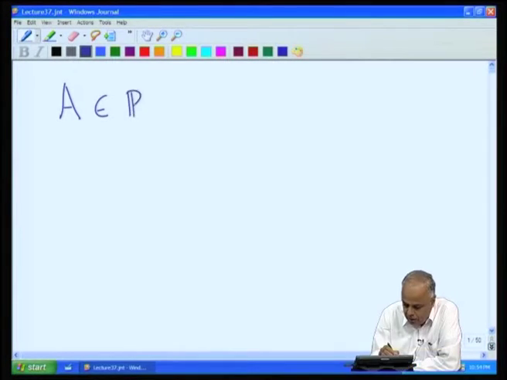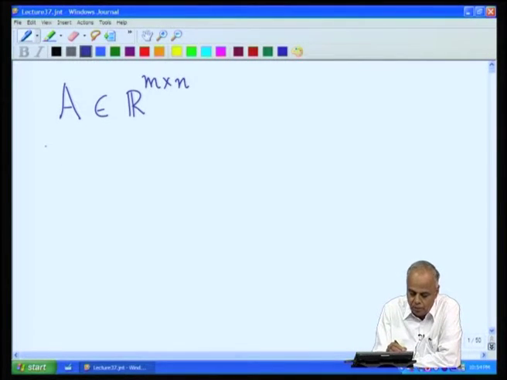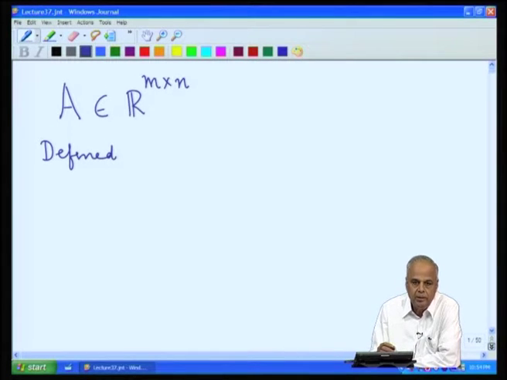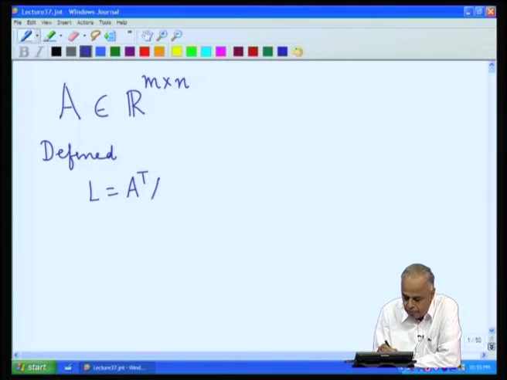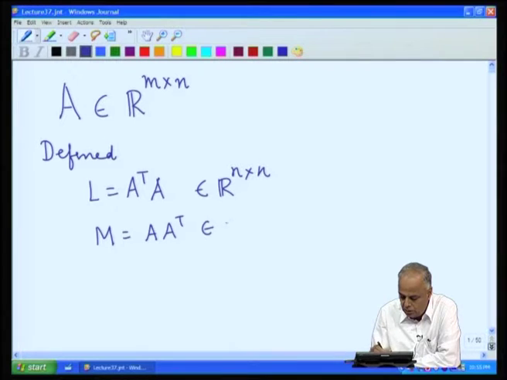So, we first look at a matrix A, which is an m by n real matrix. Then connected with that we defined 2 square matrices, one L equal to A transpose A, which is an n by n square matrix, and M equal to A A transpose, which is an m by m square matrix.